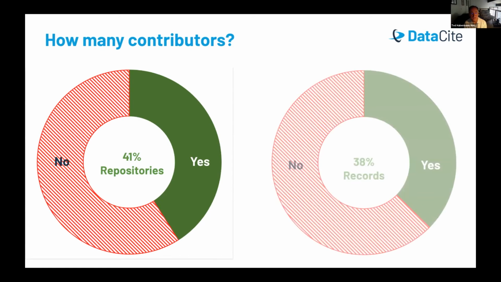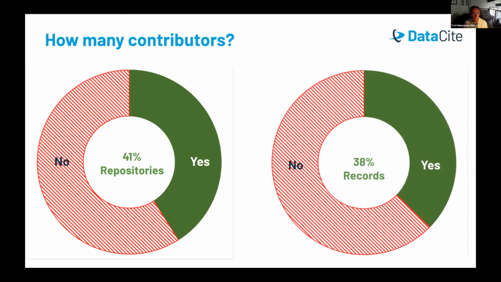DataCite has around 35 million or so records at this point, and about 38% of those records have some contributor information. So a fairly significant portion both of repositories using contributor types and also those contributor types showing up in records. Next slide.